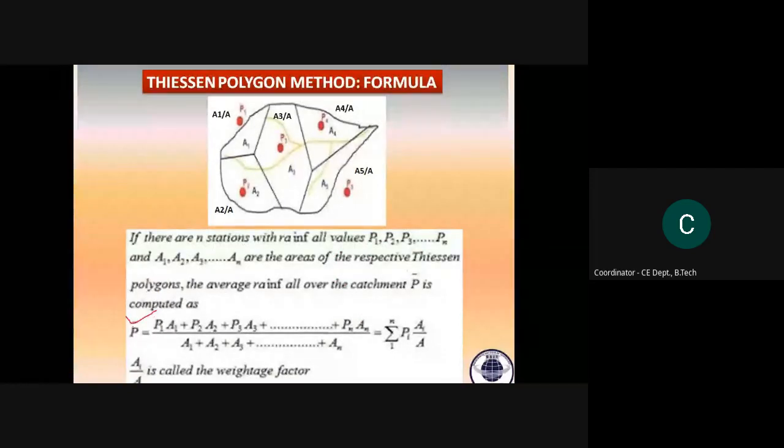P bar is given by P1 into A1 plus P2 into A2 divided by the total area. This is the total catchment area. Now we can simply divide each term by A, then we will get this formula. How?